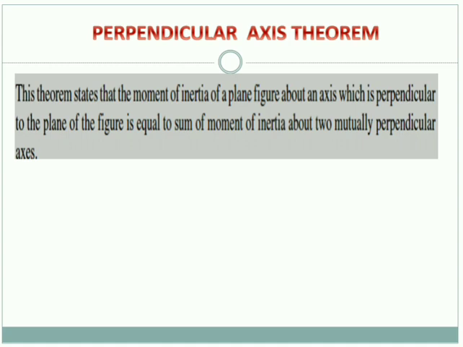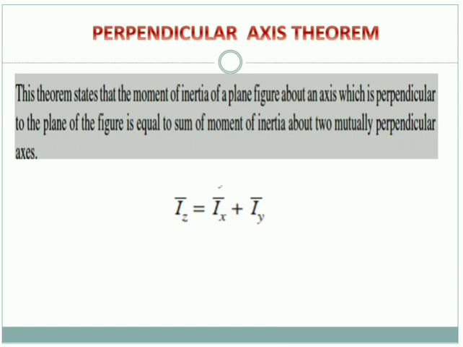This theorem states that the moment of inertia of a plane figure about an axis which is perpendicular to the plane of the figure is equal to the sum of moment of inertia about other two mutually perpendicular axes. Means if I have three axes, x axis, y axis and z axis, and I want to find Iz, that is moment of inertia about z axis, as per the theorem of perpendicular axis, Iz will be equal to Ix plus Iy, as simple as that.